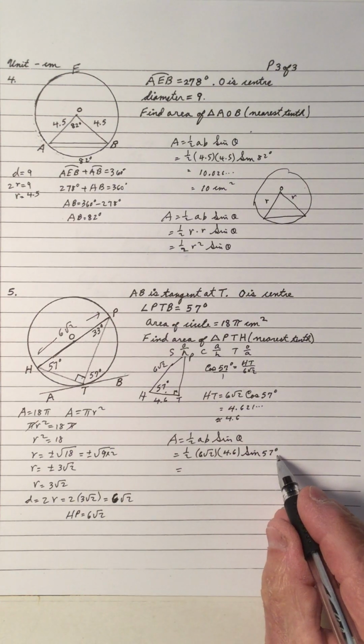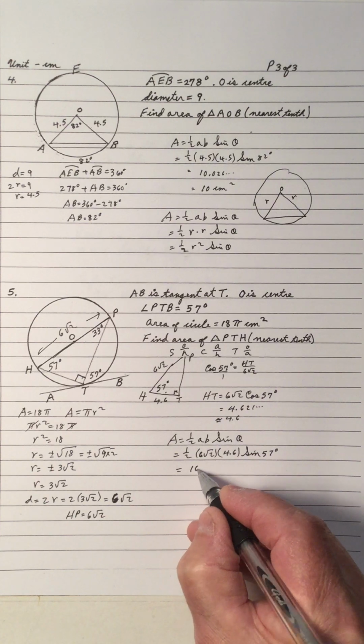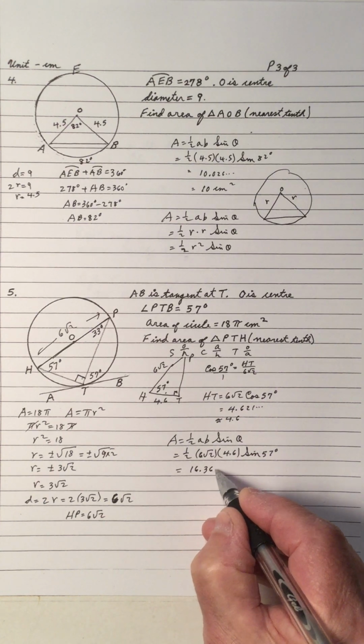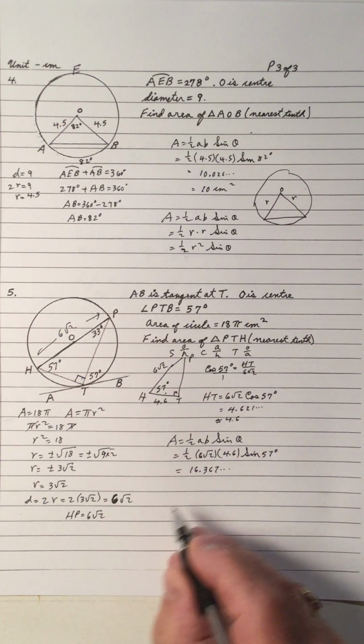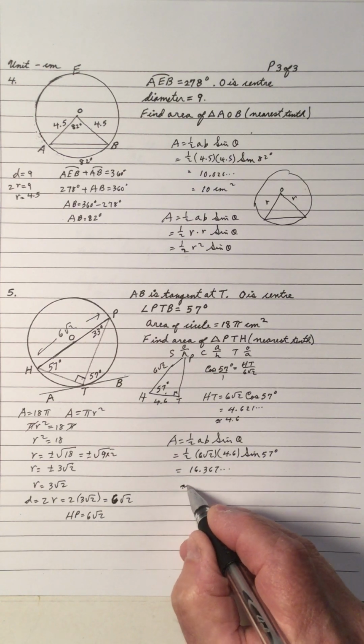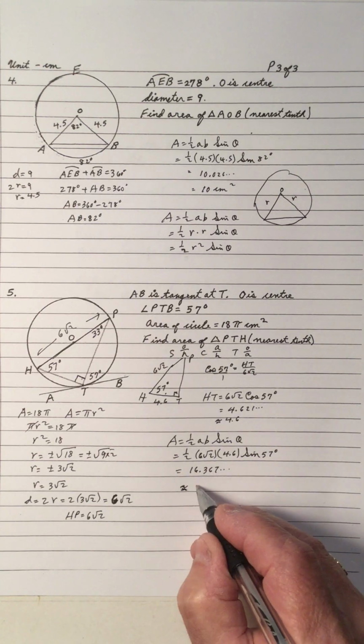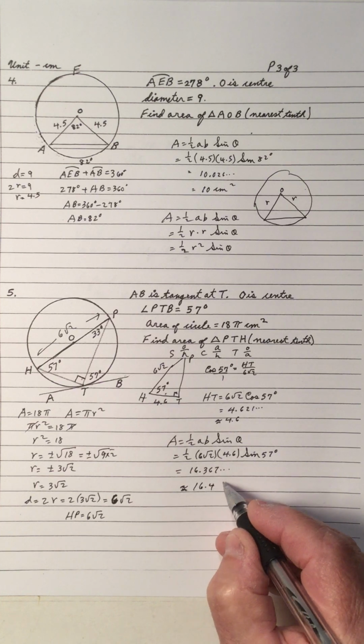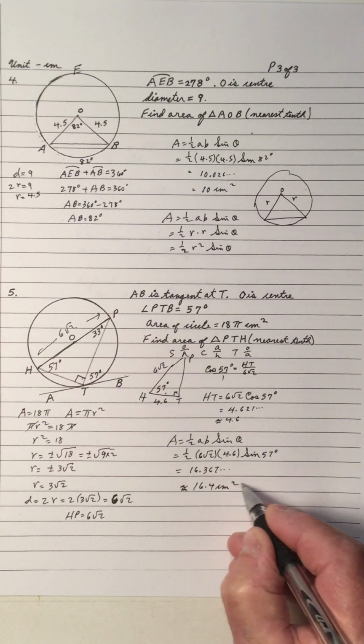Plug all that in your calculator, and you come up with 16.3, and then you round that off to the nearest tenth, 16.4, and it's in centimeters, so it's square centimeters.